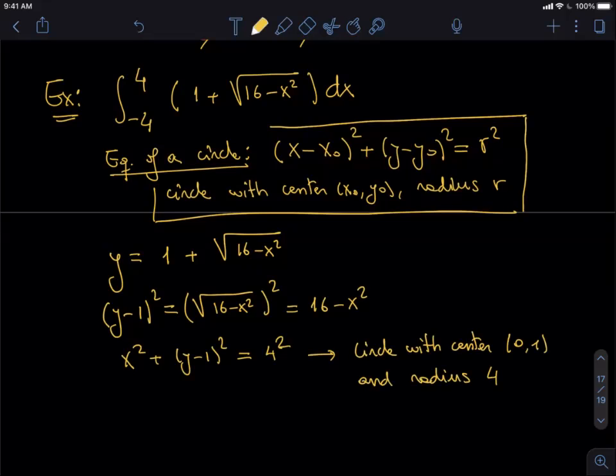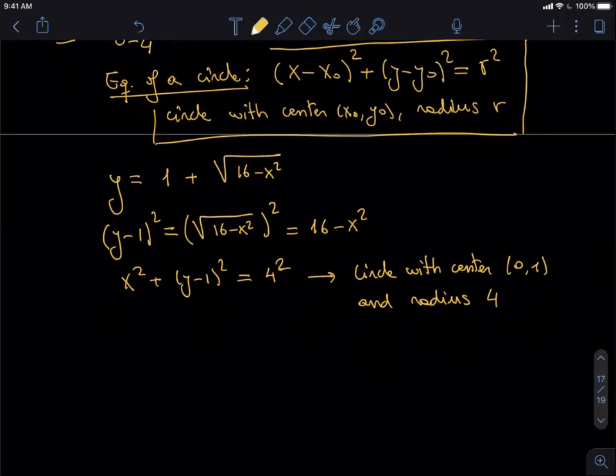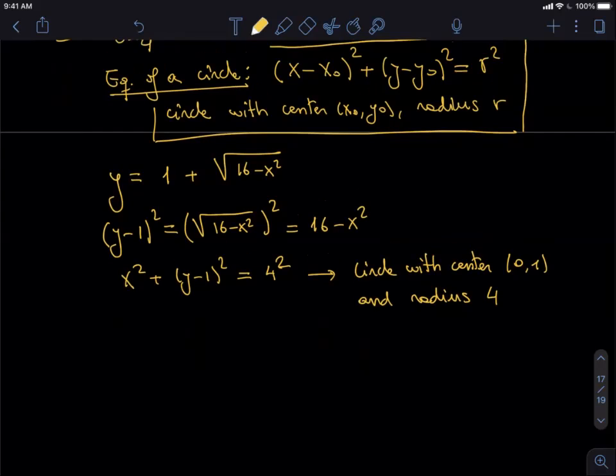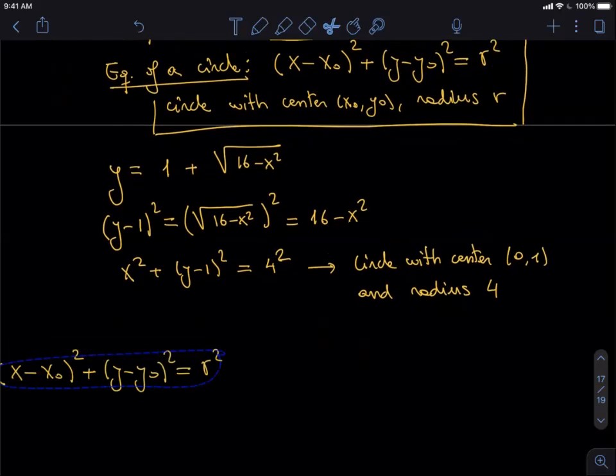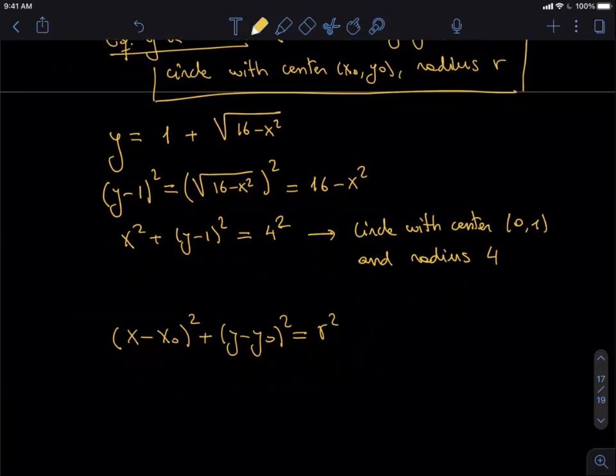That is important because it will allow us to plot the shape we are finding the area of. But also, I wanted to emphasize, looking at this equation of the circle, this is an implicit equation. y is defined as a function of x implicitly, but we can solve for y.